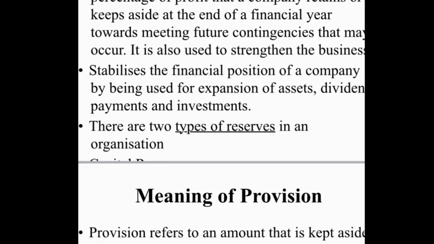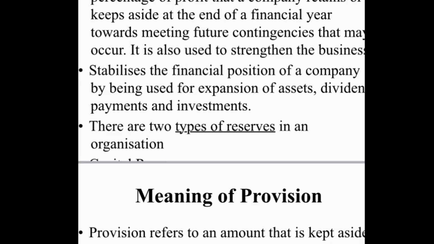You took a bike and the EMI cost is 1,000 a month, so every year you are paying 12,000. Out of 10,000, 1,000 you kept aside for emergencies, so the balance salary is 9,000.